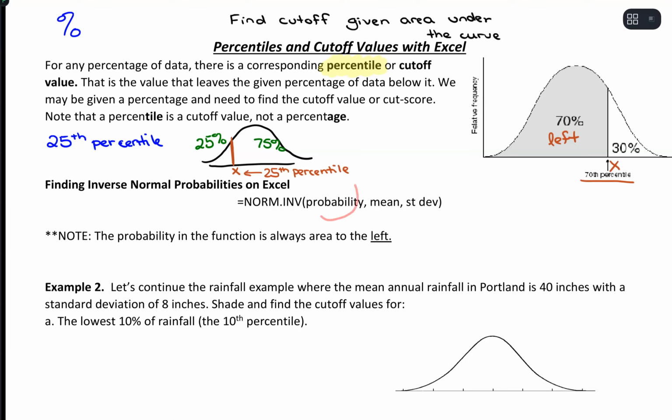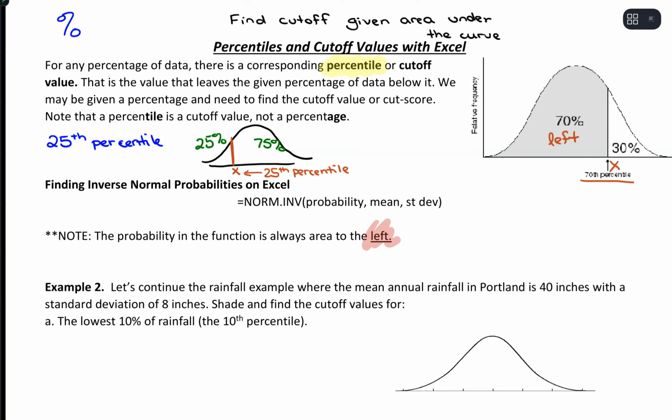What we'll be typing in is the probability, the mean, and the standard deviation. Now that probability is always area to the left. That's something that's going to change up. We might have to do area to the right, or area between two things. So it'll be a similar structure to that last video, where we might need to use a complement, or a difference between two things, or we'll have to get a little creative.